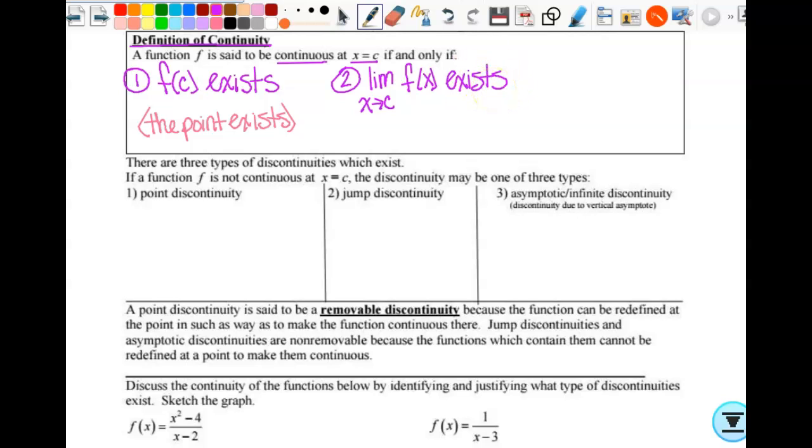So the limit from the left and the right have to be the same, and it has to exist. Then number 3, the limit as x approaches c of f of x has to equal f of c. So what that basically means is that the limit equals the point.